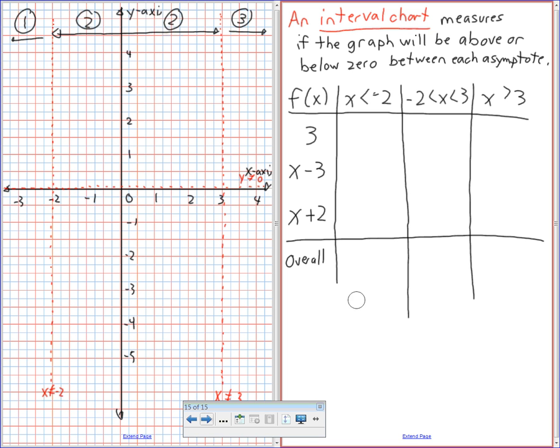What happened for that was everything in the left-hand column are all the factors of my bracket. We had a 3 in the numerator. We had an x minus 3 in the left-hand side of the denominator and an x plus 2 in the right-hand side of the denominator. Then what we're going to do is pick random points and see where they lie.